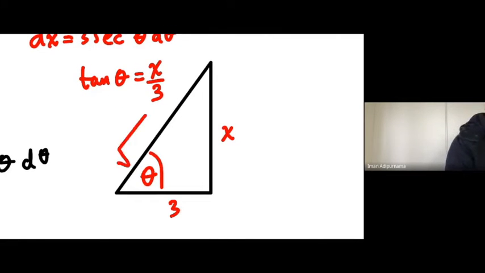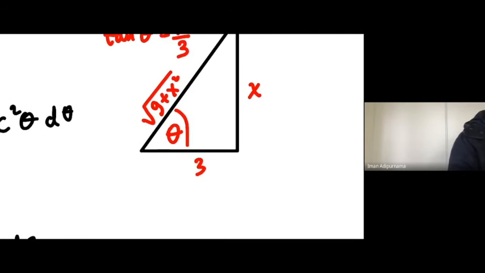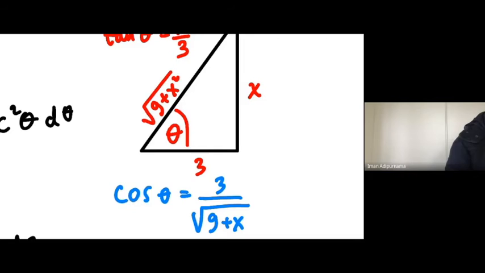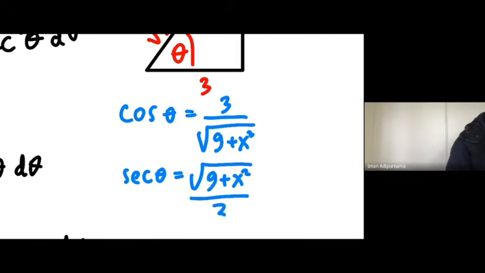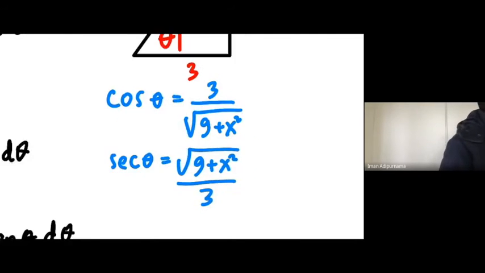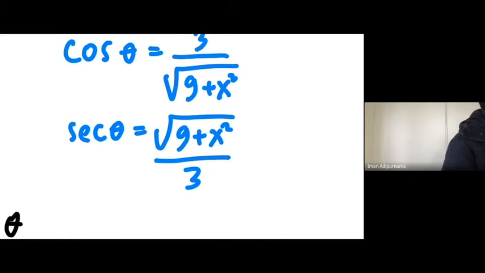So we have here is the square root of 9 plus x squared. So let me write cos theta is 3 over the square root of 9 plus x squared. So our secant becomes the square root of 9 plus x squared over 3. Okay. And we need to substitute back the secant theta into our equation.